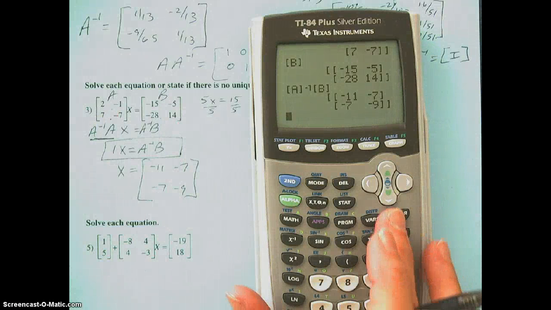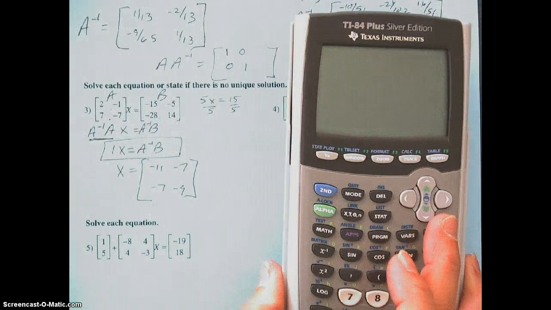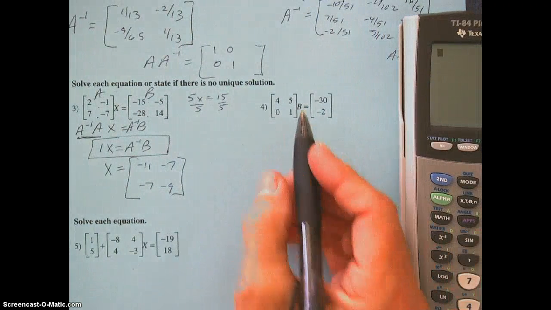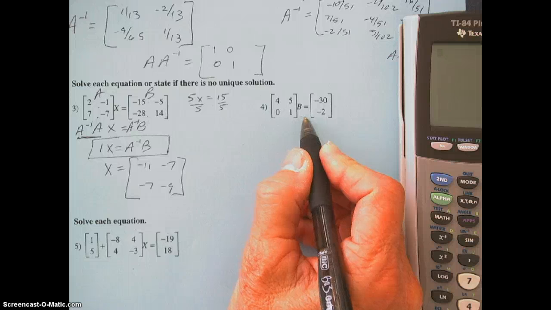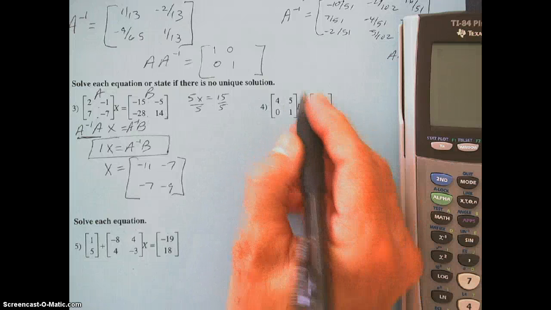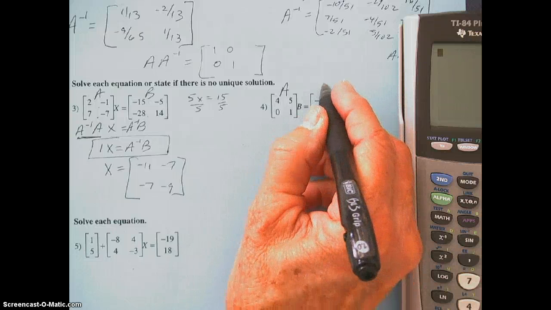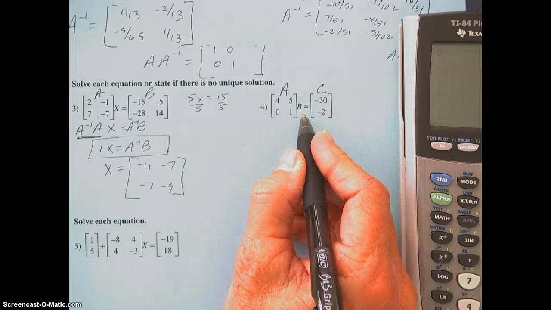Okay. Example 4 is very similar, except we have a matrix times B equals another matrix. So again, what you will do is you put this in matrix A. Let's put this in matrix C since I have a B matrix.